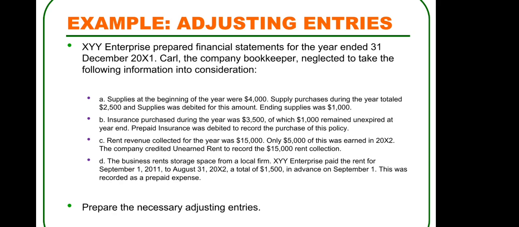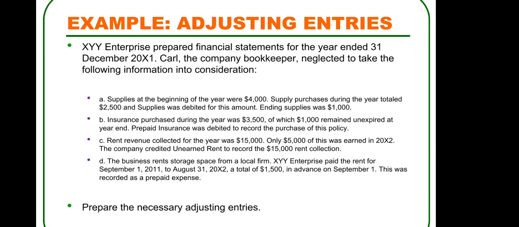To do the adjusting entry, you have to know what the record is when the business pays the cash on September 1st. When this business pays the 1,500, the business does a prepaid expense.